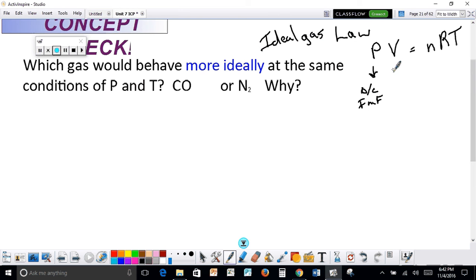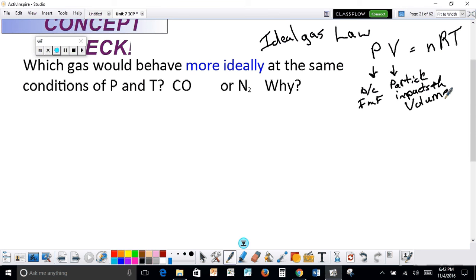And then we also have to remember that volume is changed because particle size impacts the volume.